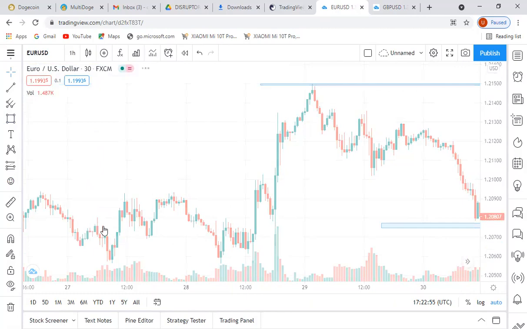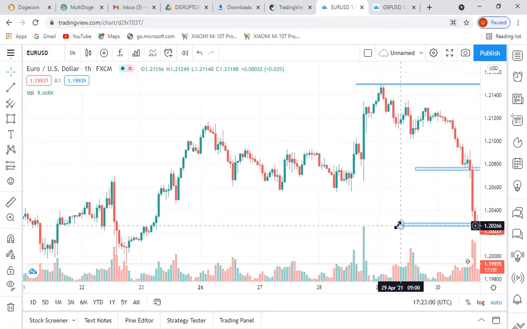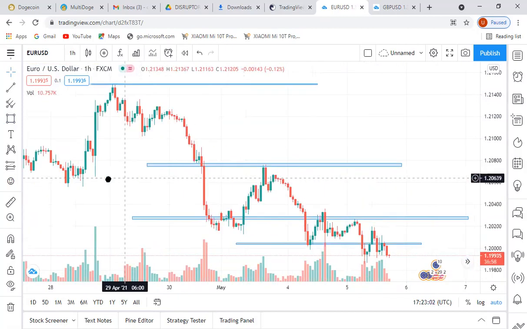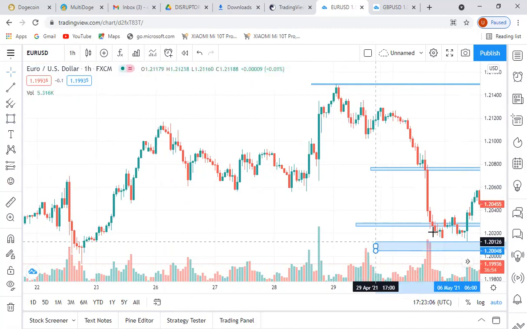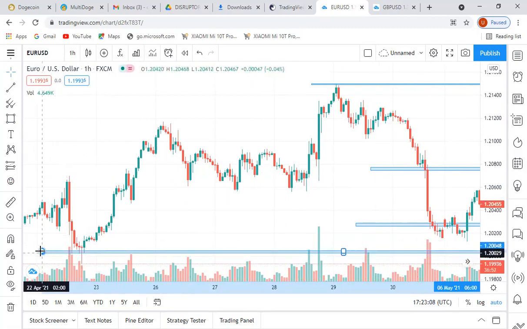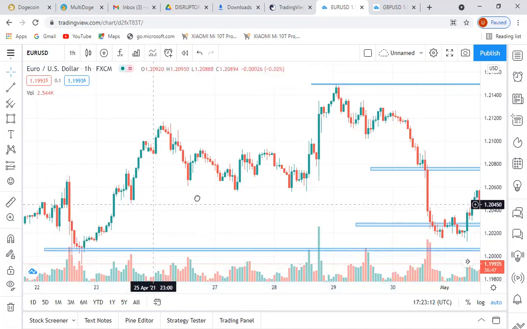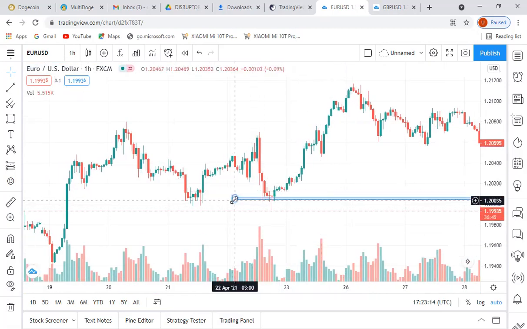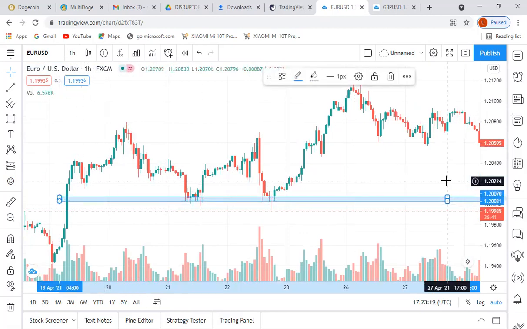That is why we tell you to use a bigger time frame so that we don't strain our eyes. I will move this current level backward to trace why we had a buy. The 1 hour time frame has shown me that there was an existing support there, and that is why we had that buy.